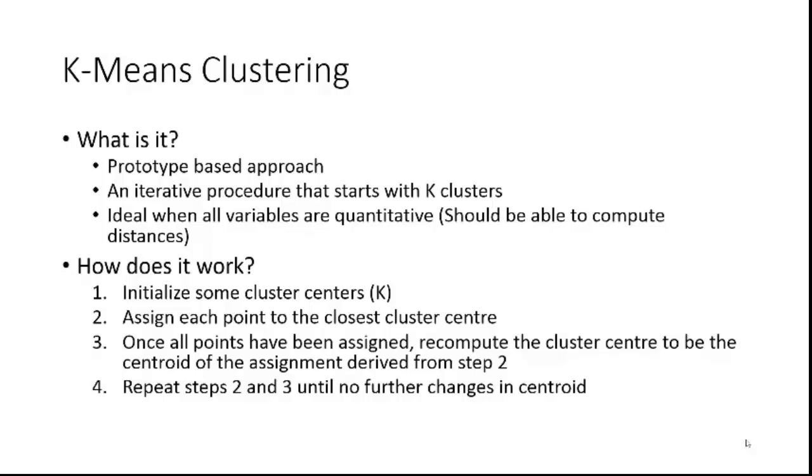Then, like most optimization procedures, like steepest descent or other iterative procedures, over time you're just refining a solution, and at some point it doesn't make sense to refine anymore. Your clusters are not changing. Essentially, your prototypes are not changing either location or who they are, and so you stop at some point. This procedure is ideal when all variables are quantitative.